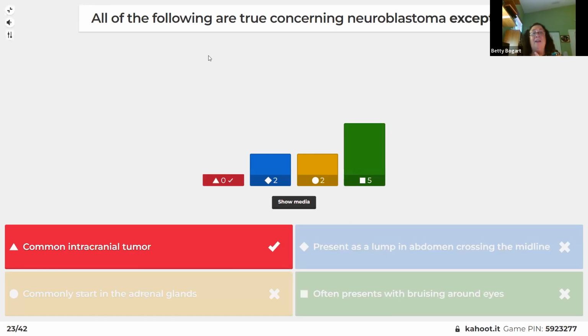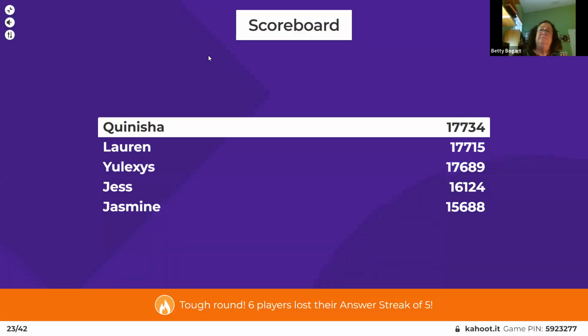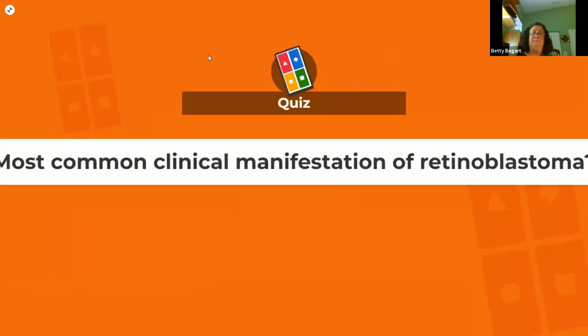So it is not common, thank God, but it starts in the adrenal glands and the kidneys right there. It also is a lump that crosses midline, and then sometimes you've got this tumor in the brain, so it's squishing out the eyes, and you're going to see those bruisings there. Thank goodness it's not common.